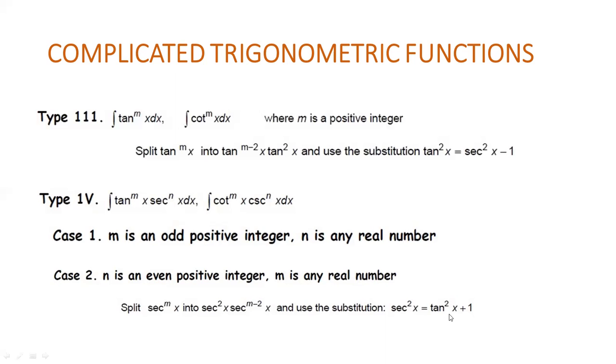That way, you can either use the power rule or the basic integral of a trigonometric function in processing this integral that consists of a product of a tangent and secant or a cotangent and cosecant. So that's type 4.